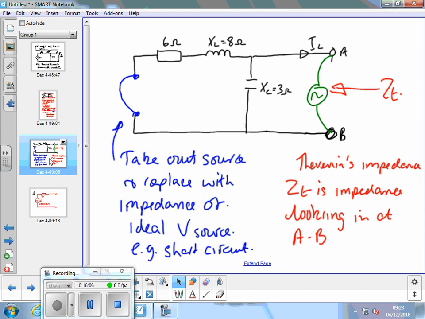So what kind of circuit have we got there? How's that circuit in terms of series and parallel? We're trying to pass the current back in this way.